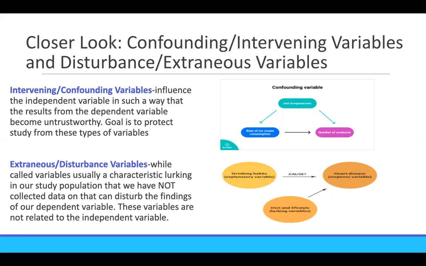So intervening confounding variables influence the independent variable in such a way that the results from the dependent variable become untrustworthy. Basically, this type of variable influences both the IV and the DV in such a way that maybe the relationship that you think you're seeing between the IV and DV doesn't even exist.